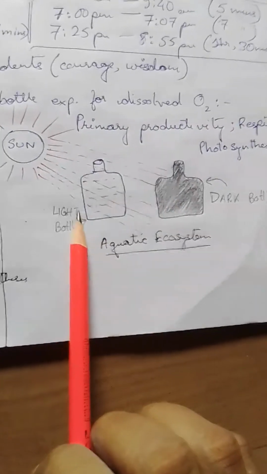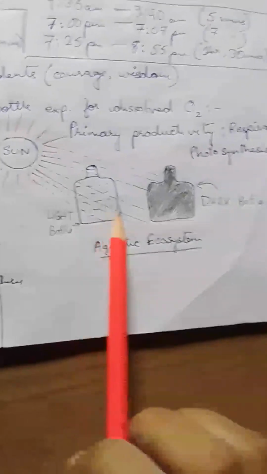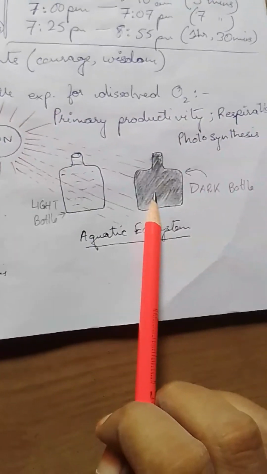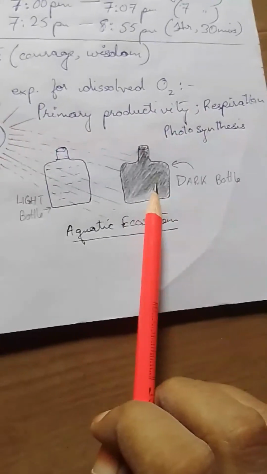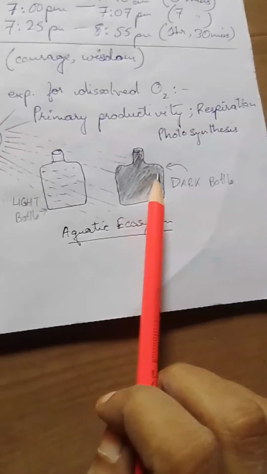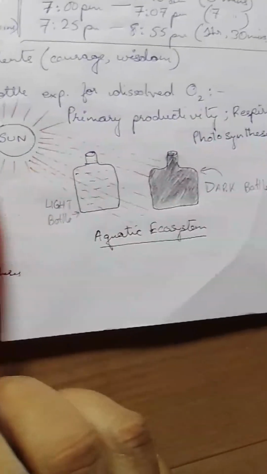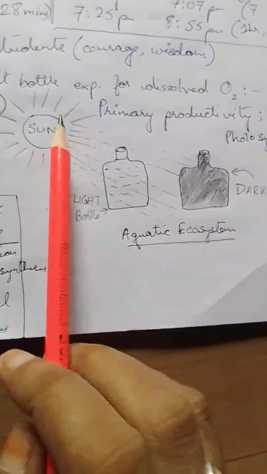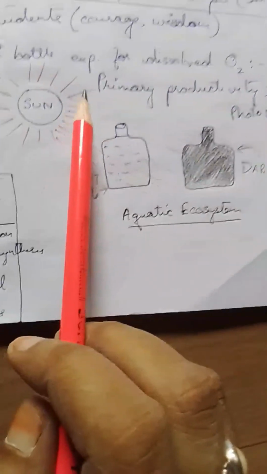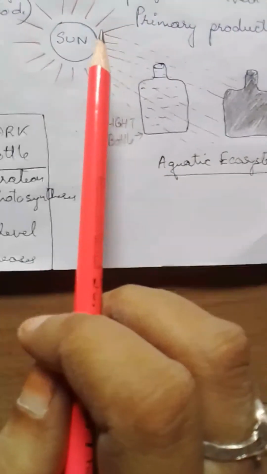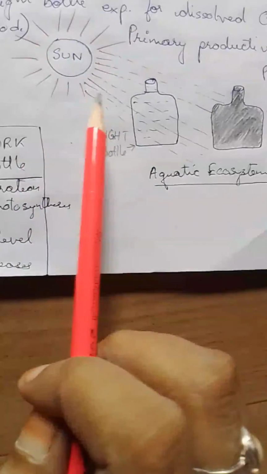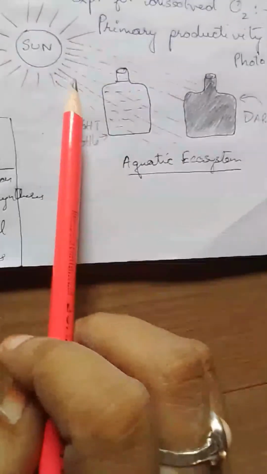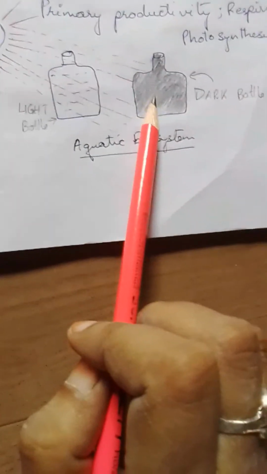One is named the light bottle, which is a transparent one, and the other one is a dark bottle, which light cannot pass through. So in the ecosystem where the sun is there, the sun will radiate its energy all around, and light can pass through the light bottle, but inside the dark bottle the light cannot pass through.